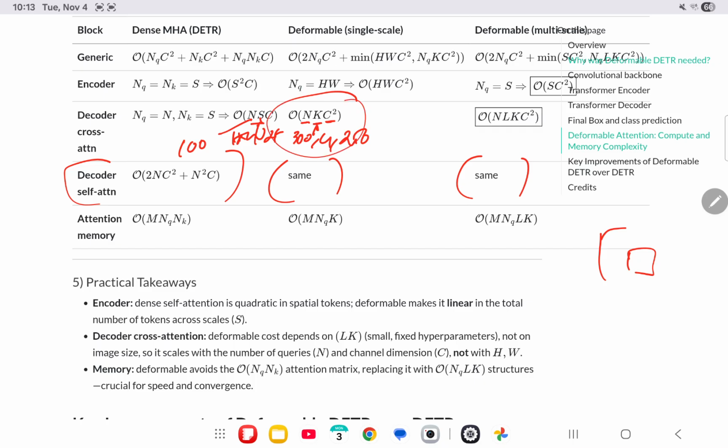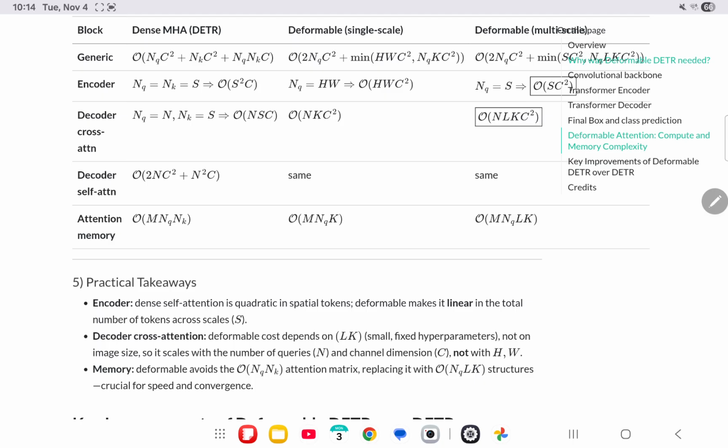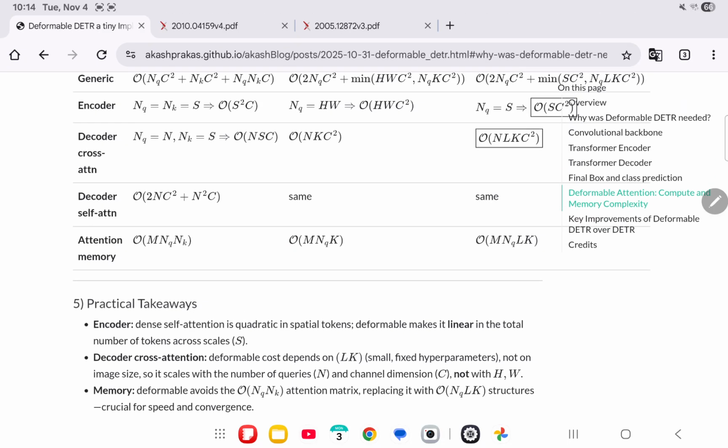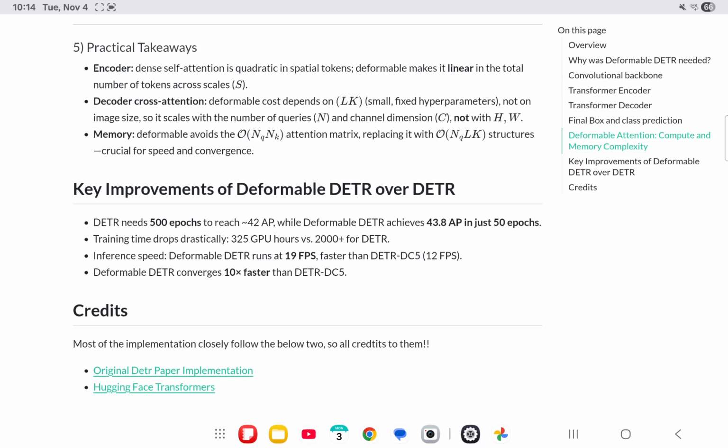So the key point is we are able to reduce the memory footprint, and the attention weights are also good. Dense attention weight from computational complexity, memory or space complexity, it's good. Yeah, so that is the overall thing.